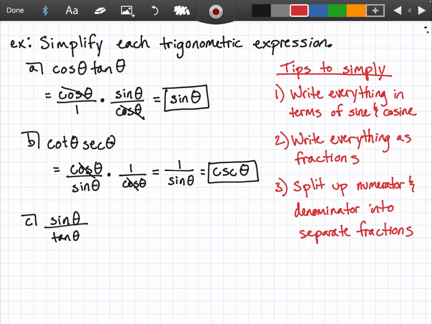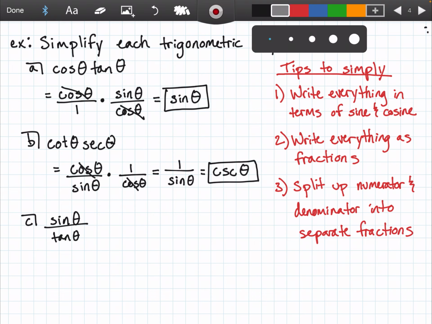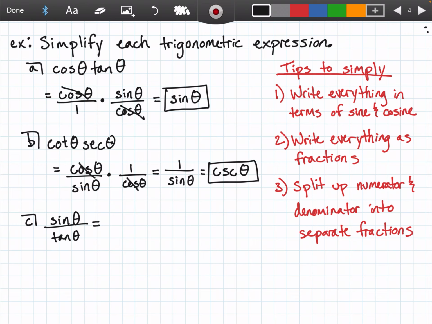All right, tip number 3. I want you to split up your numerator and your denominator into separate fractions. Here's what I mean by this. I have sine theta divided by tan theta. I'm going to make sine theta its own fraction by just taking it as a numerator and putting it over 1. I'm going to make tan theta its own by putting 1 over tangent. So now I have their own fractions because now I can deal with each of those separately.